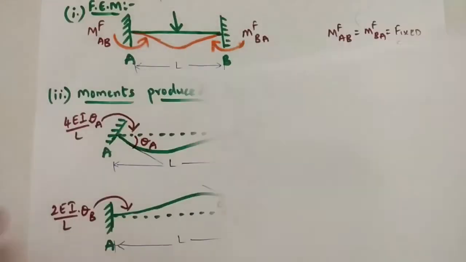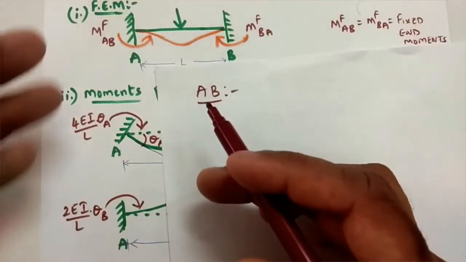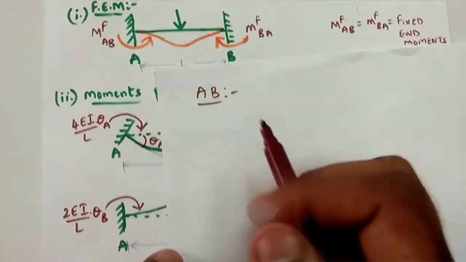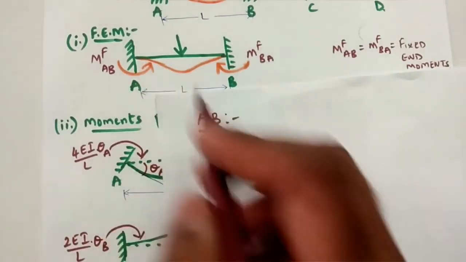Now I will write all formulas at a side. You see, for the span AB, now I am writing all the moments generated on the left support, that is A. At point A I am writing all these moments produced at support A of the span AB.